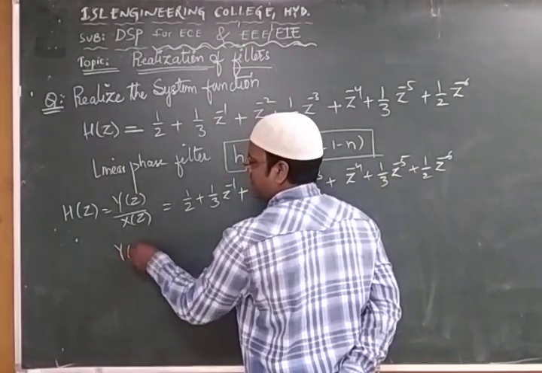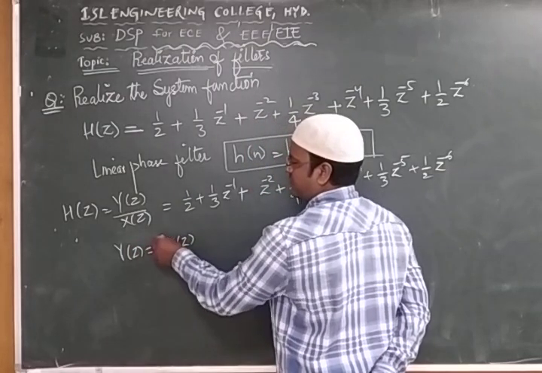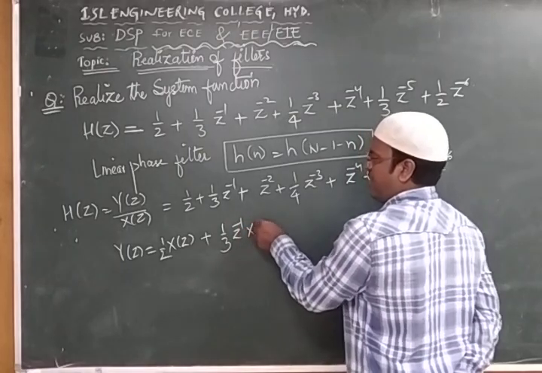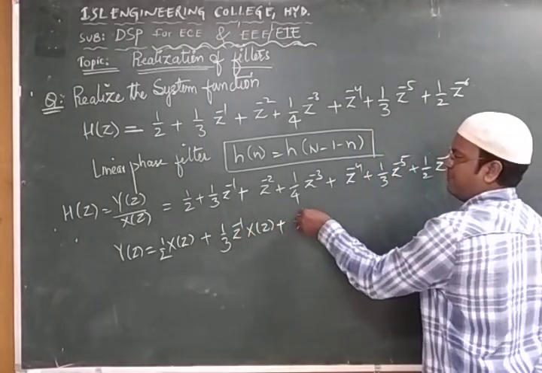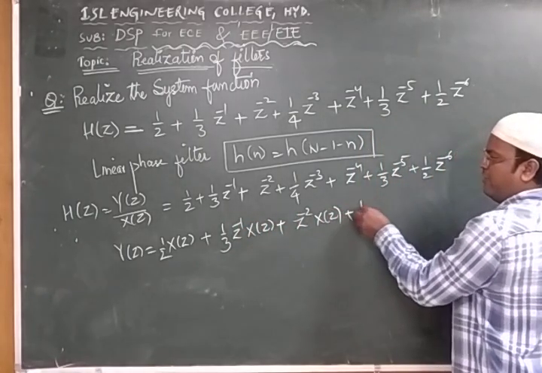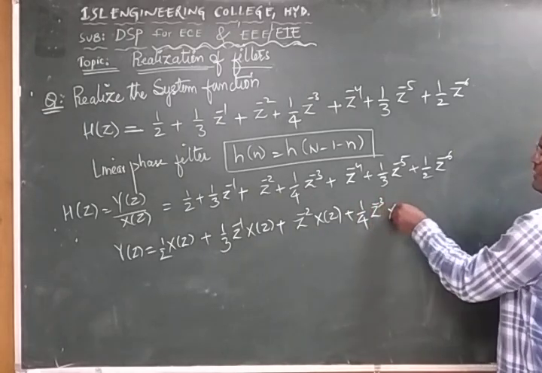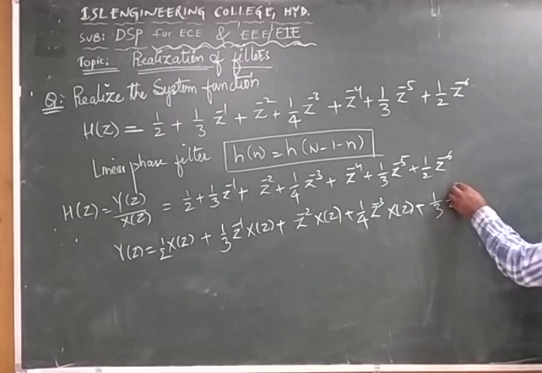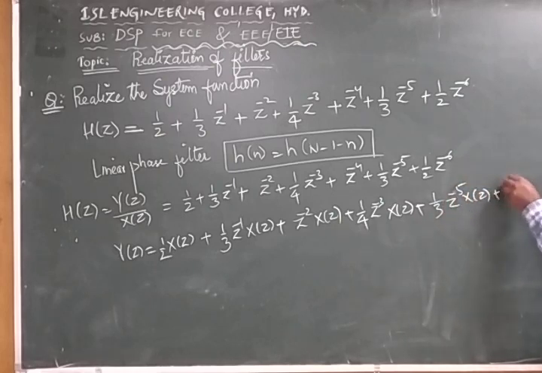So Y of z equals X of z times 1/2, plus 1/3 z^-1 X of z, plus z^-2 X of z, plus 1/4 z^-3 X of z, plus 1/3 z^-5 X of z, plus 1/2 z^-6 X of z.